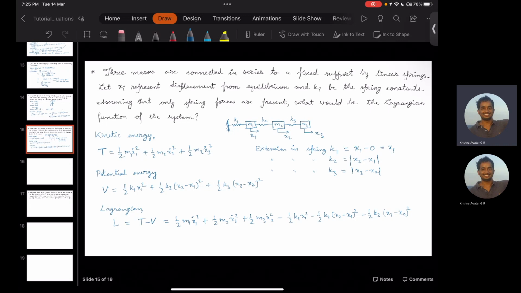Okay, so this was our Lagrangian of the problem. Fine.